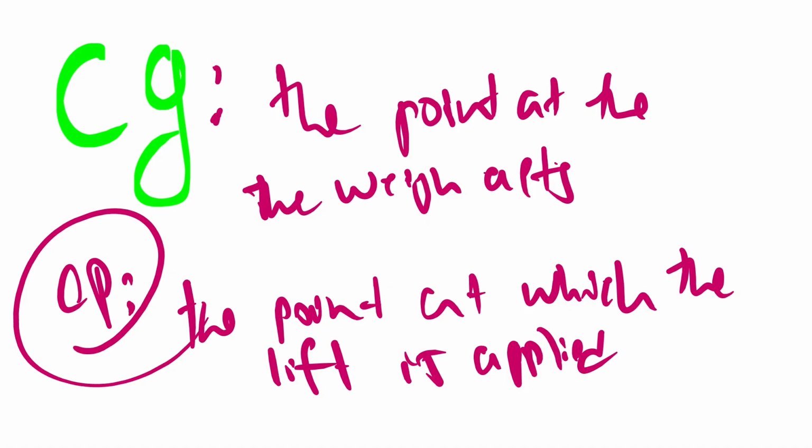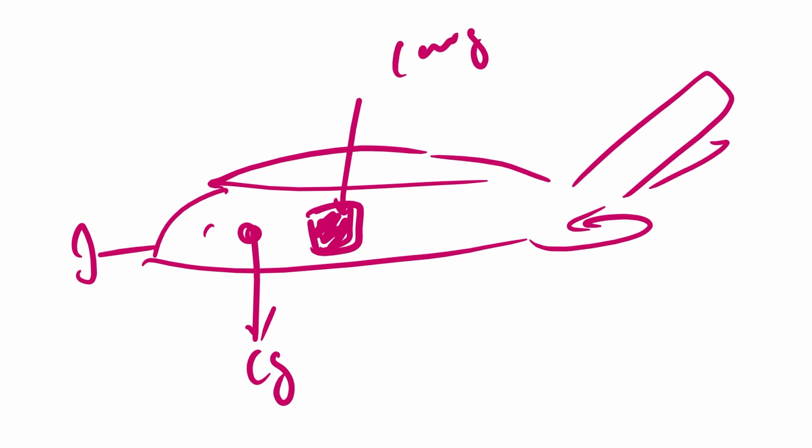Okay, so we can change the center of gravity by changing components of the aircraft. If you have the aircraft and you suddenly shift something, then you will change the center of gravity, right? So let's say the CG was here, but say you moved a weight or a cargo box from here to here, then the CG will move back.